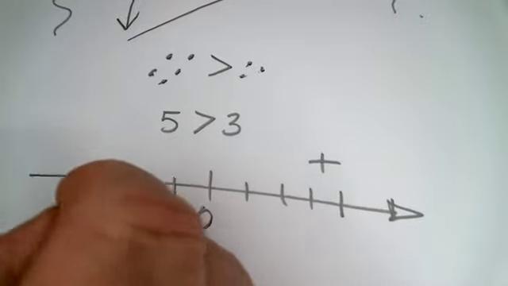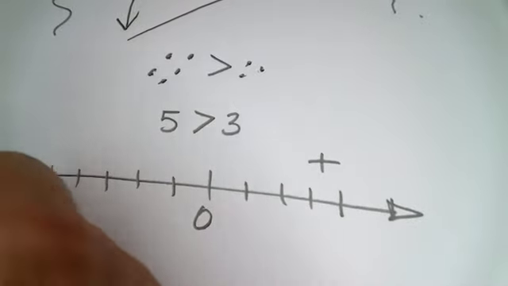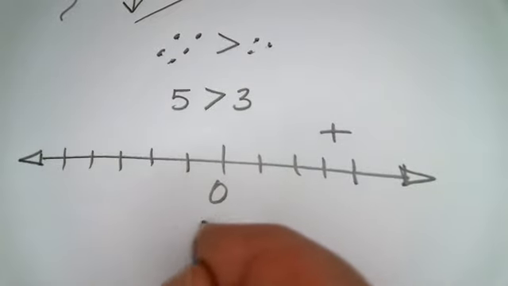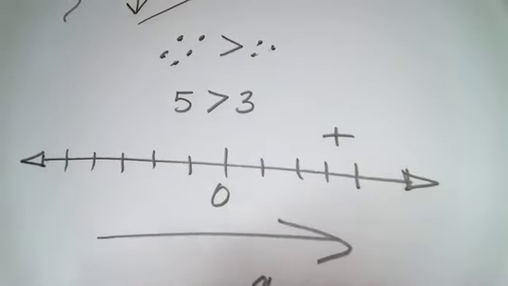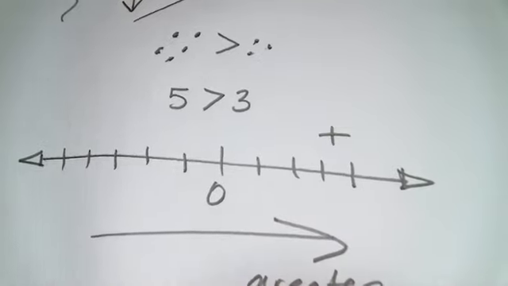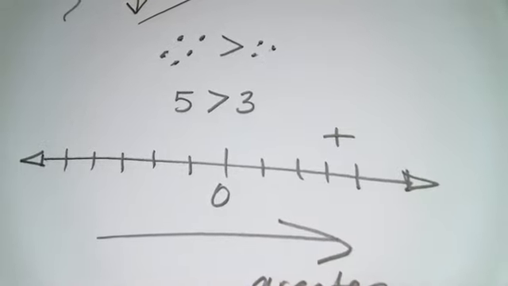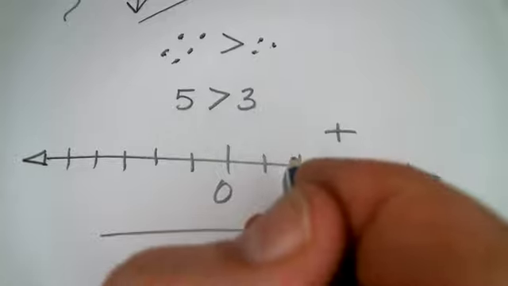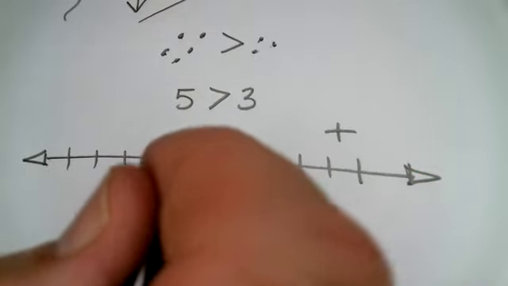These ones over here are all negative numbers. So anything on this side here is greater than things on this side here, which are smaller. Anything to the right is greater than anything on the left.